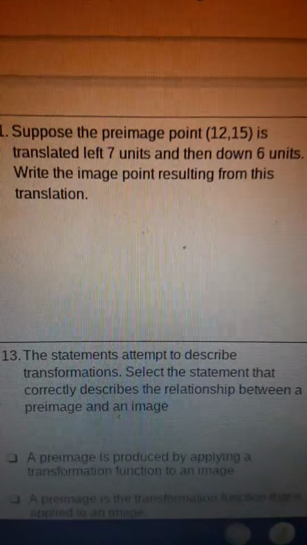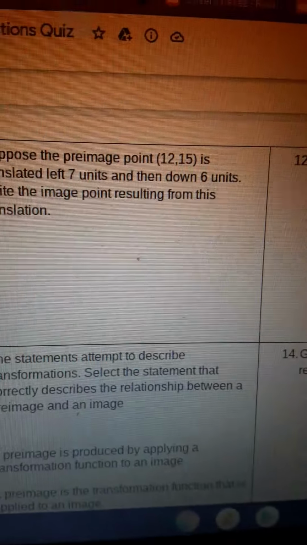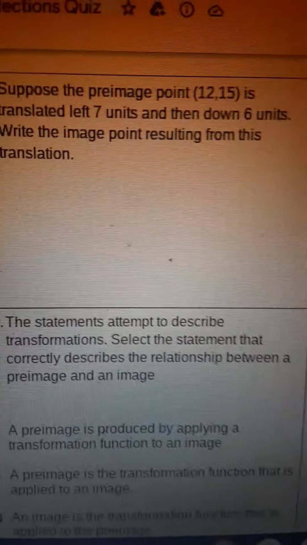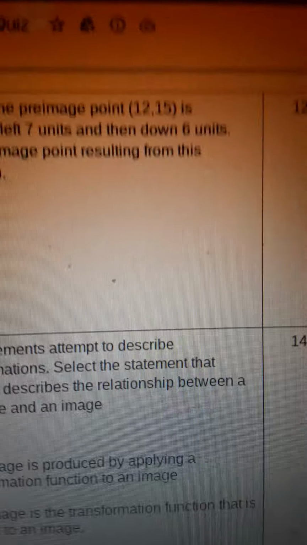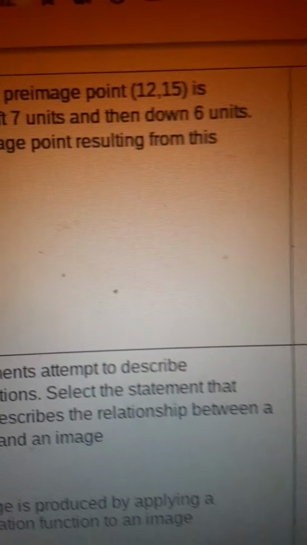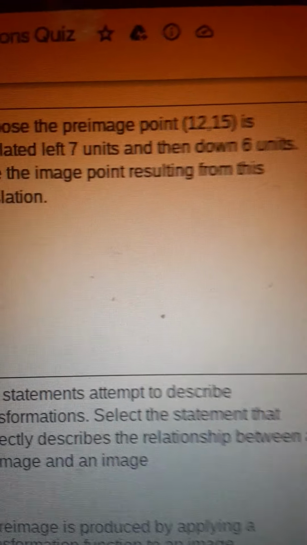Suppose the pre-image point 12, 15 is translated 7 units left and then down 6 units. Write the image. After that function, what would 12, 15 look like? Well, you have to take away 7 because it's 7 units left, which means you subtract. So 12 minus 7 is 5. So your x is 5.